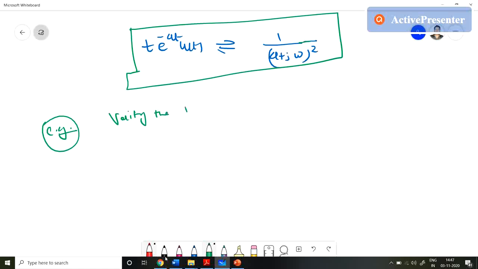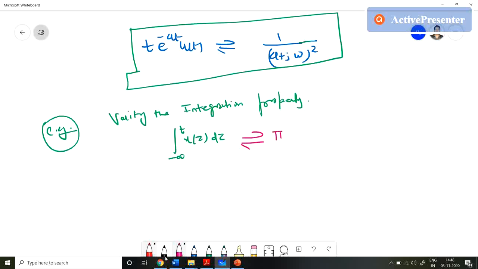The integral from minus infinity to t of x(tau) d tau, if we find the integration, is equal to pi X(0) delta(omega) plus 1 divided by j omega X(omega).